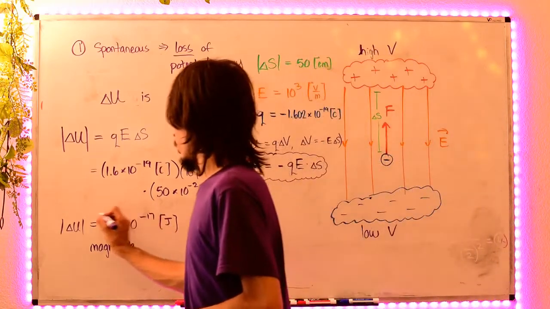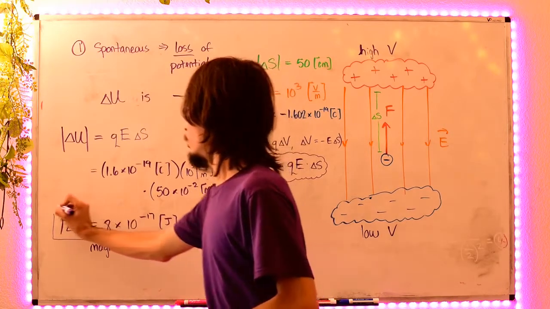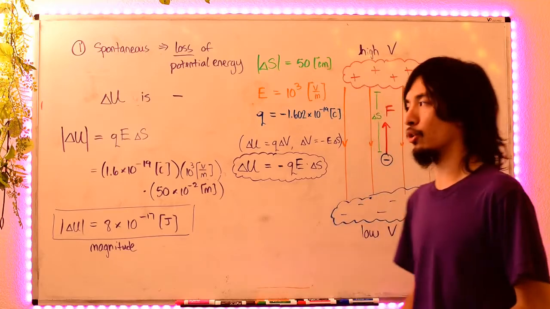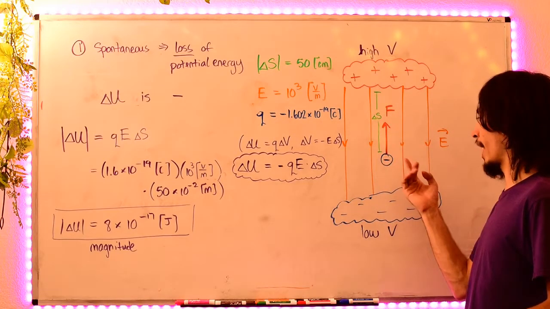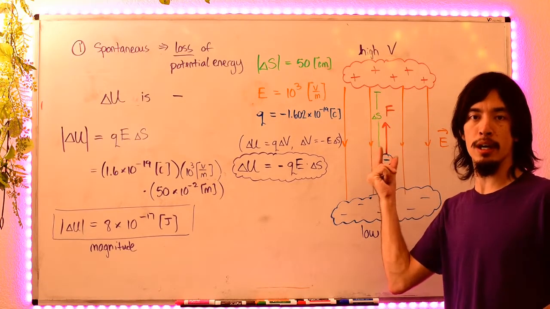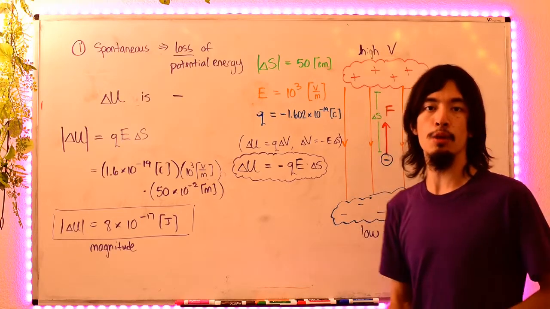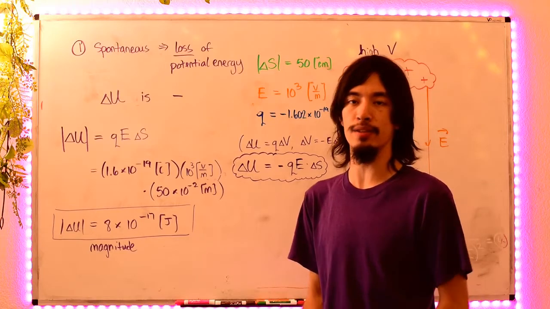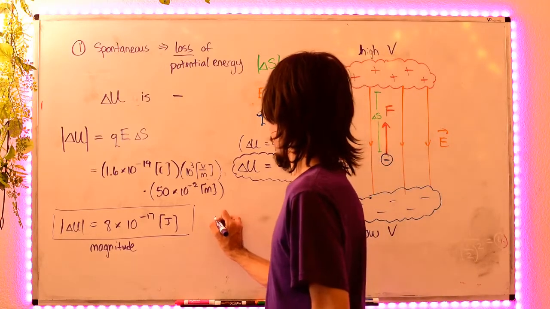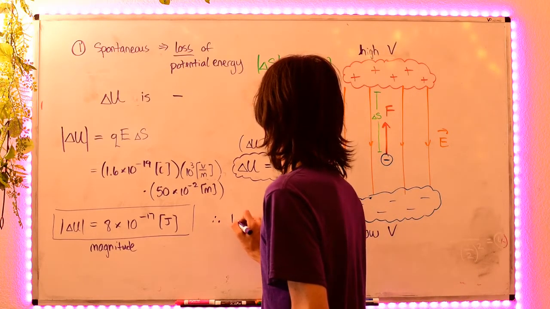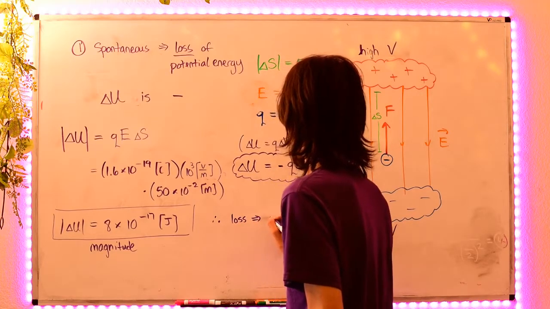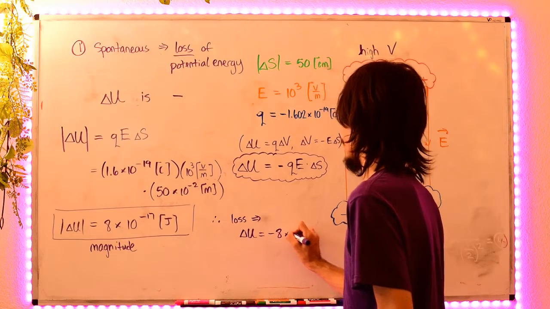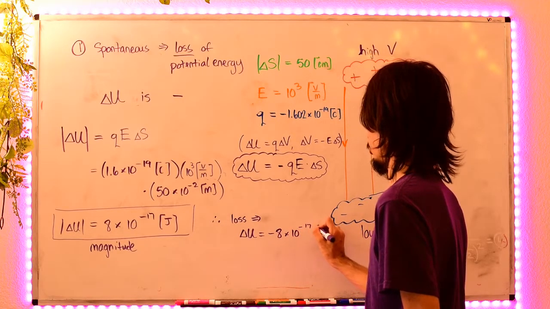If you want to go with this method, you just need to determine the sign conceptually. In other words, because I knew that this process is going to happen on its own when I release it from rest, we know the potential energy is a loss. It is a negative sign. So therefore, loss implies delta U is actually negative 8 times 10 to the minus 17 joules.